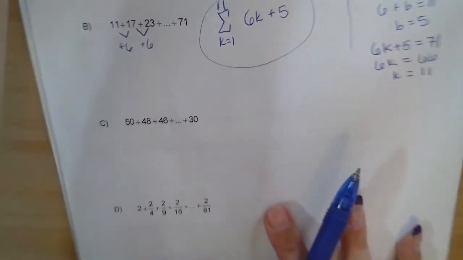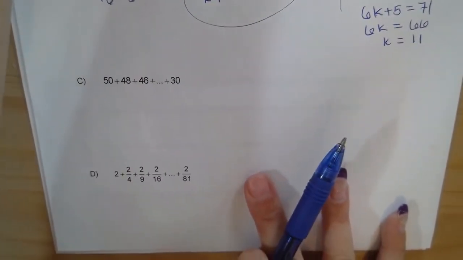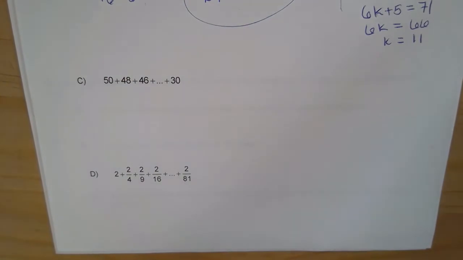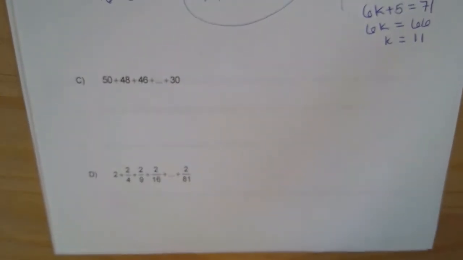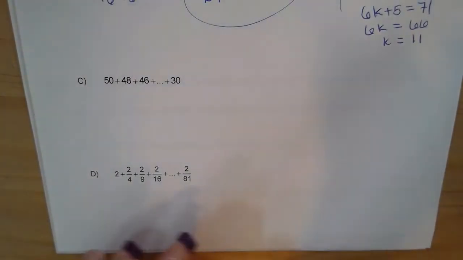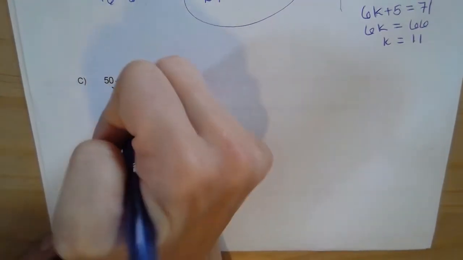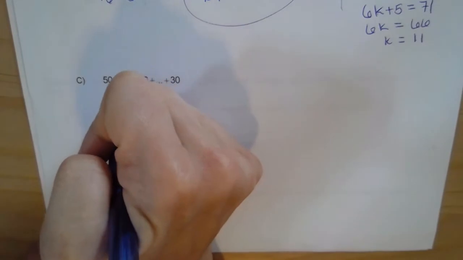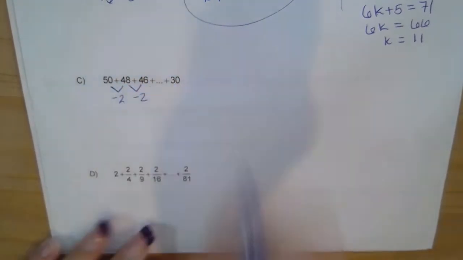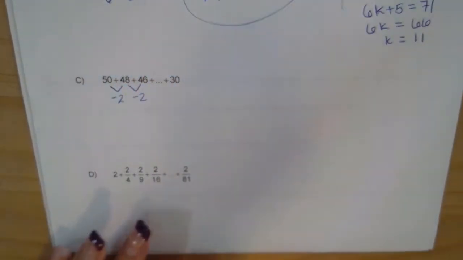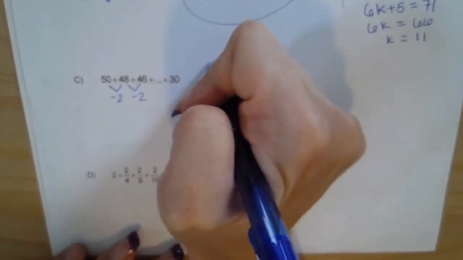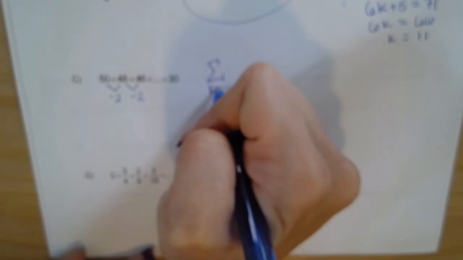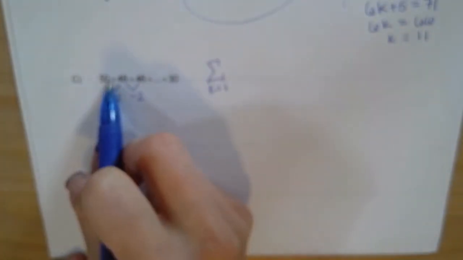Okay, so here again for C, not so much an obvious answer, but if you look at these numbers, what's going on each time? I'm subtracting by 2. So what I am going to do is start with k equal to 1, because our first term equals 50.